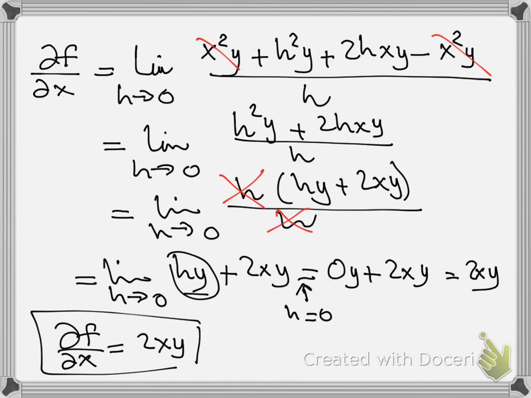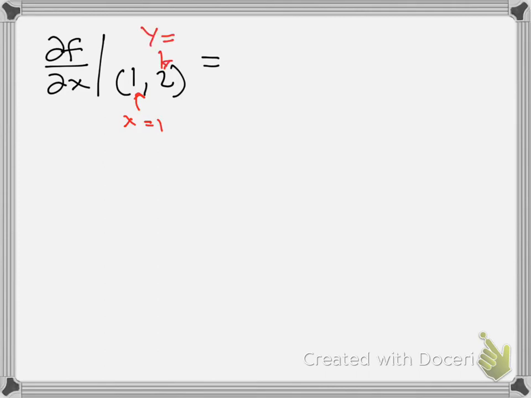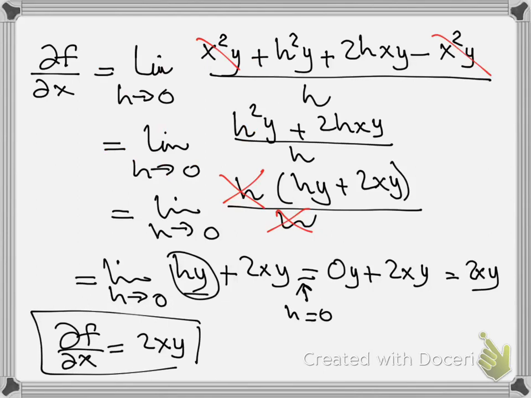Okay, and for example, what will be partial f partial x at the point, let's say, 1, 2? That means x is equal to 1 and y is equal to 2. So we need to plug 1 and 2 into partial f partial x.